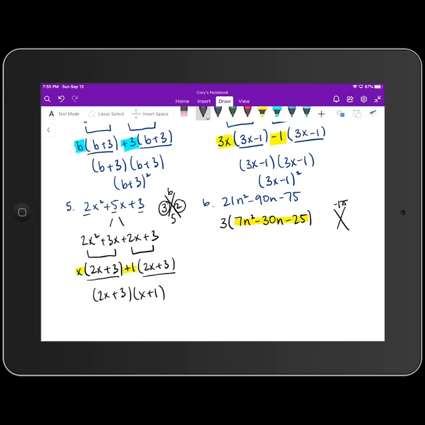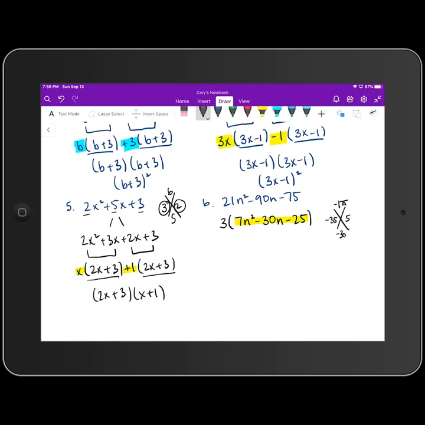That number goes on top. The coefficient of the middle term, negative 30, goes on bottom. And if you struggle thinking of two numbers that multiply to give negative 175 and add to give negative 30, that's okay. It took me a little bit to figure this out as well. But those two values are going to be negative 35 and positive 5.